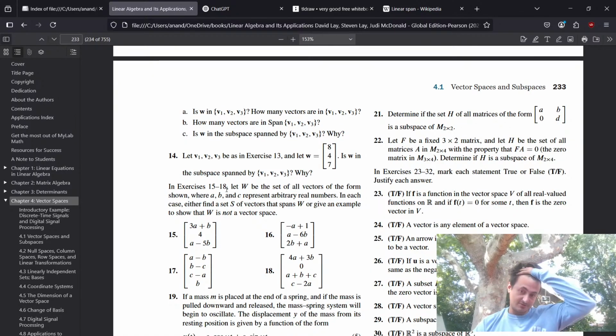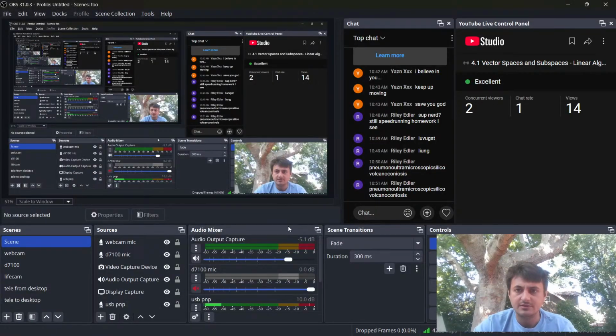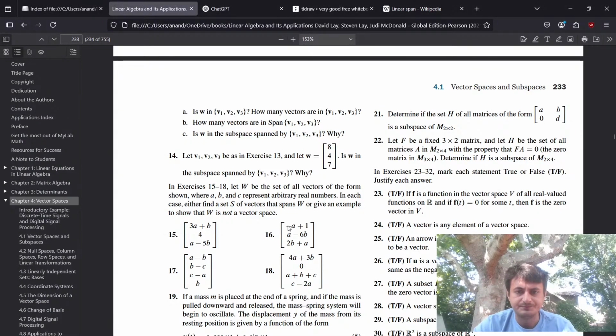I'm guessing that this one again is not a vector space, anything that's affine. Because you have this (1, 0, 0) vector that's in it if you take A and B equal to 0.